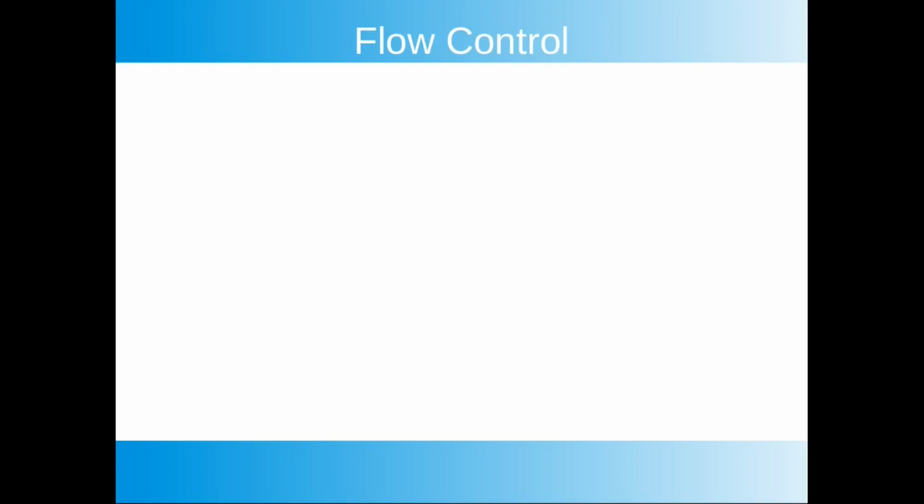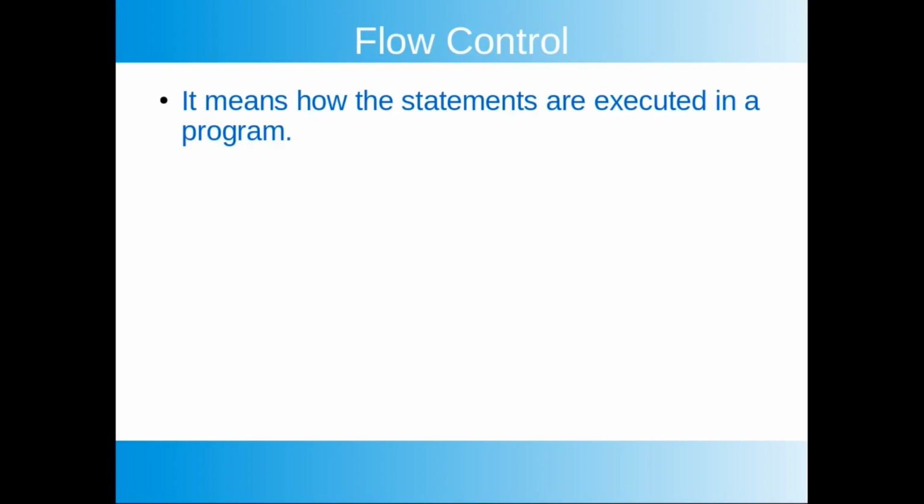Well, your answer lies in the mechanism through which your program executes, and this mechanism is essential as it helps to execute the statements in a program in a correct manner. This mechanism is known as flow control. So we can say that flow control means how the statements are executed in a program.